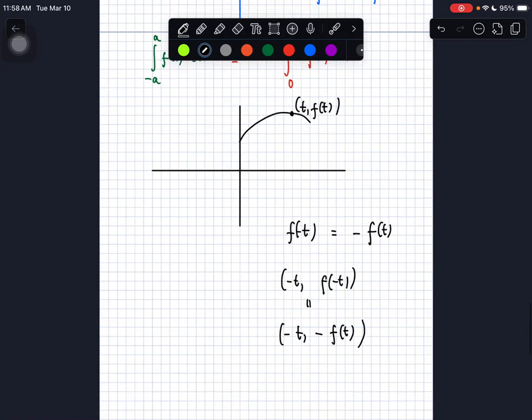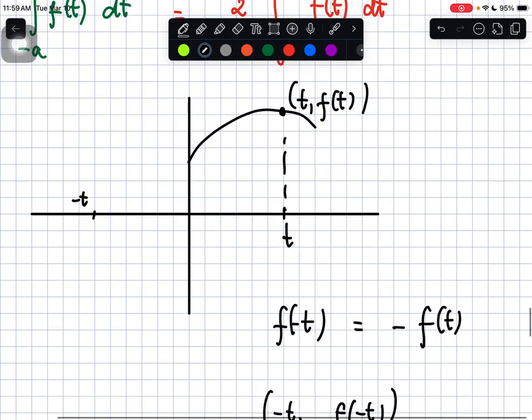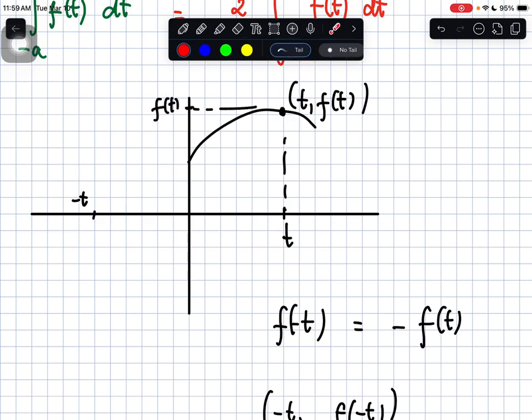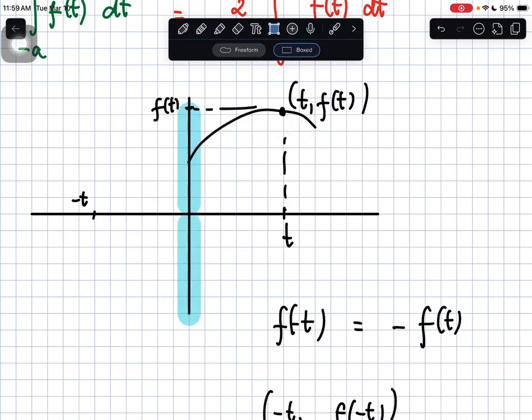Say t is here, minus t is here. f of t is this long, minus f of t should be here.